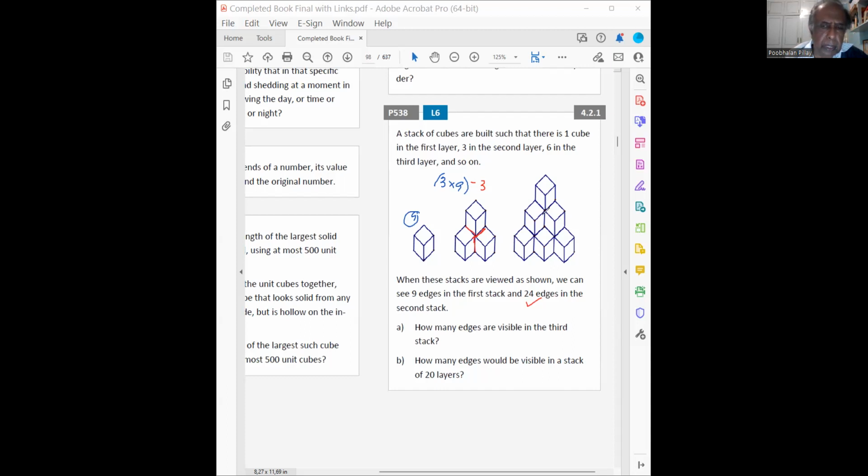Like here, in this case here, what do we have? We have 1, 2, 3, 4, 5, 6. You got 6 nines. Right? But then you have to remove those which have been counted twice. So what do you have? You have 6 times 9. And then the ones which are counted twice is, you notice there's a Y shape here.